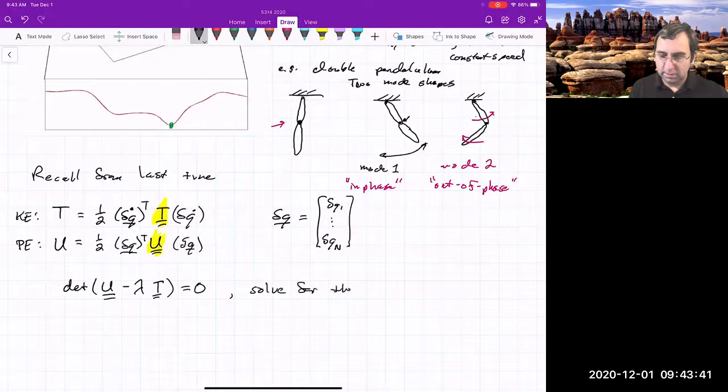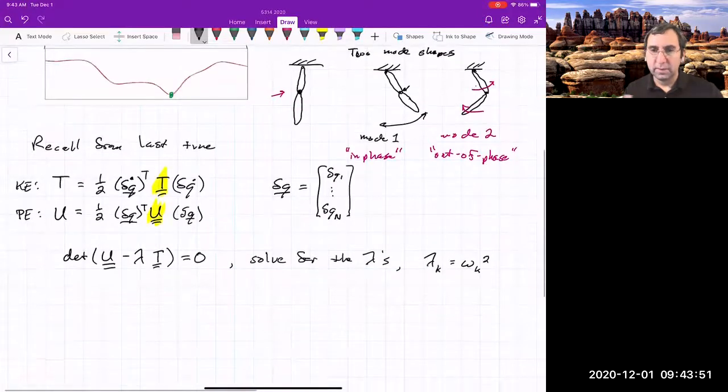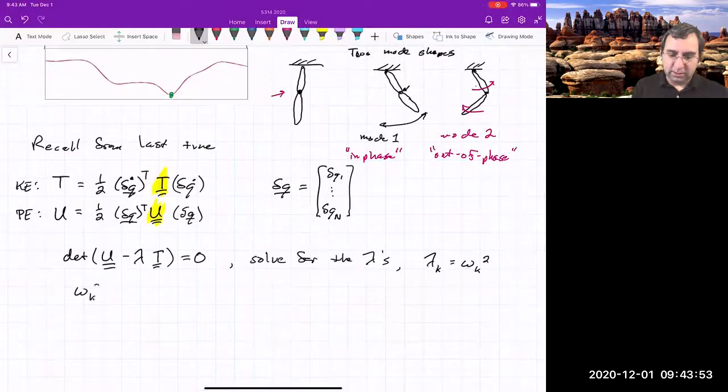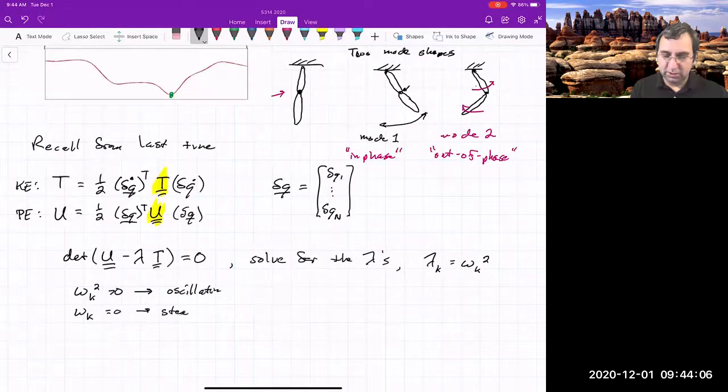Solve for the lambdas, and we'll refer to lambda k as omega k squared. If omega k squared is greater than 0, that means oscillation. If omega k is equal to 0, this is a steady drift. And if omega k squared is less than 0, this is exponential growth.